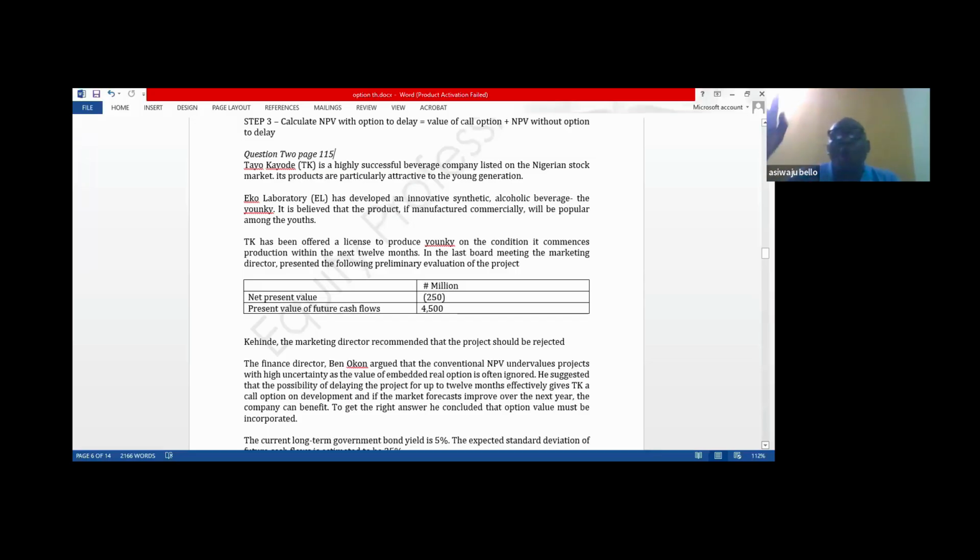That means no competitor can enter the project for that 12 months. If the market forecast improves over the next year, the company can benefit. To get the answer right, he concluded that option value must be incorporated.